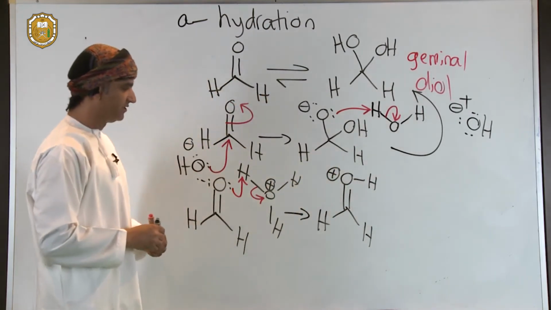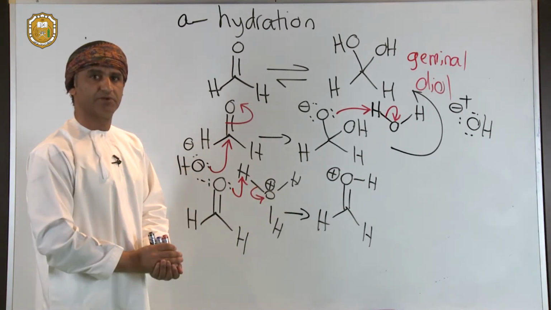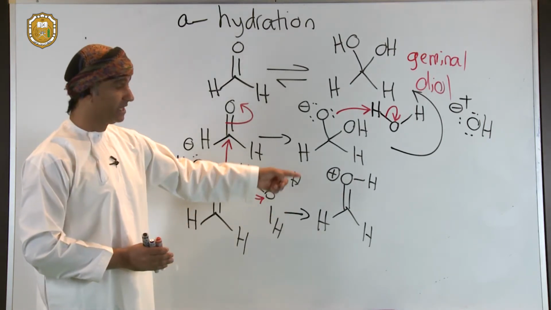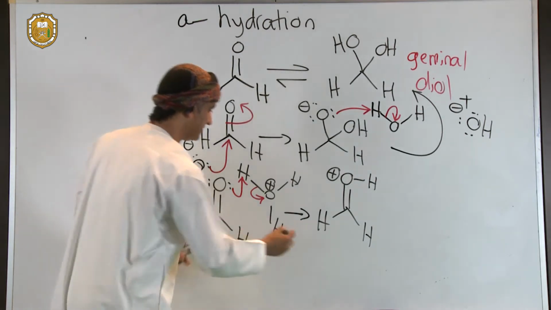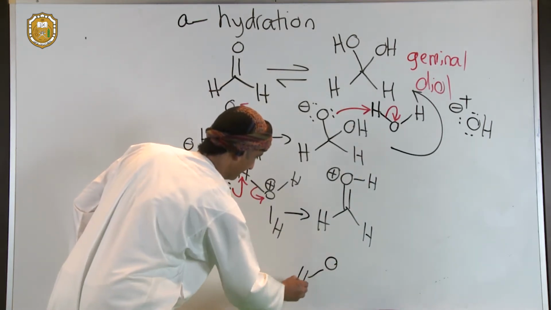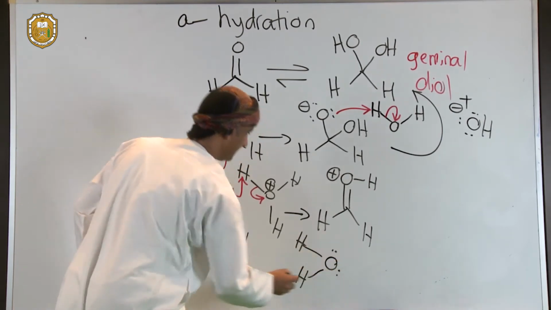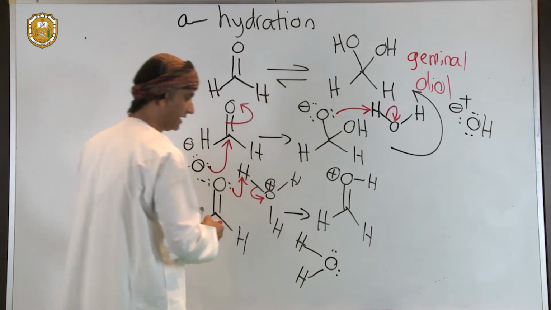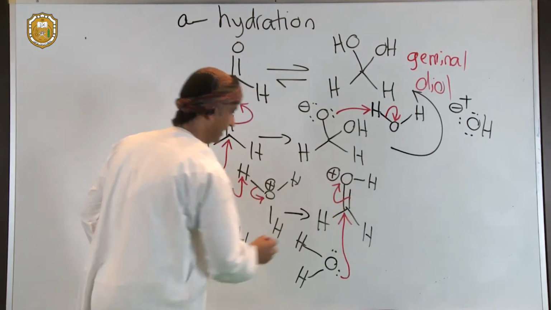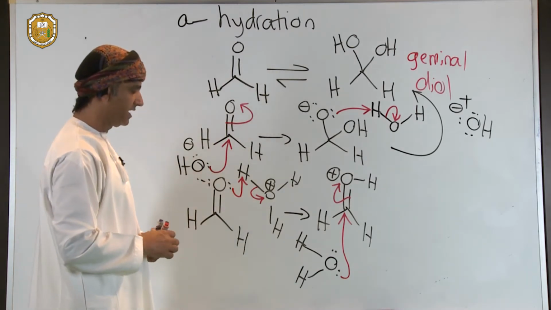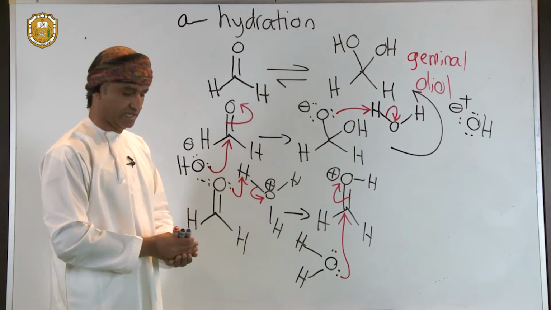Now this protonated formaldehyde is more electrophilic at the carbon of the carbonyl group because of the positive charge on oxygen. Now water will come and attack that electrophilic carbon. So this is again a nucleophilic addition on the more electrophilic carbon of the protonated aldehyde.